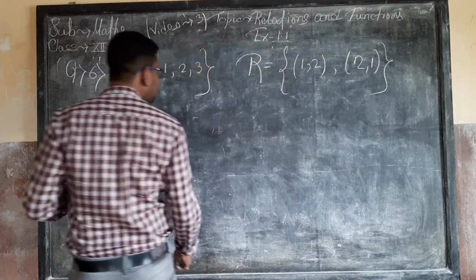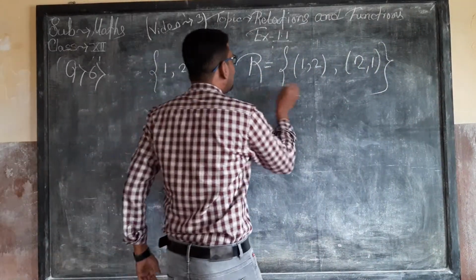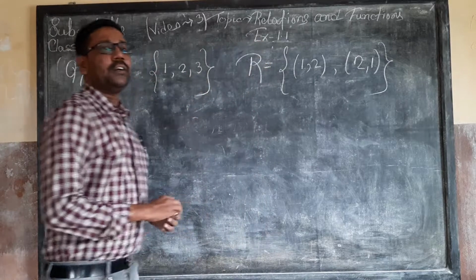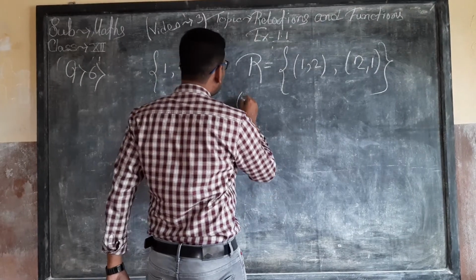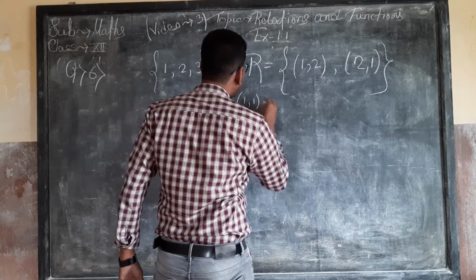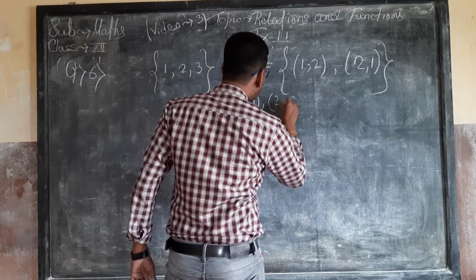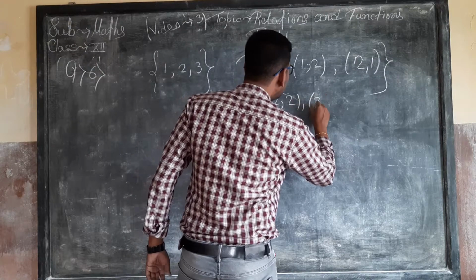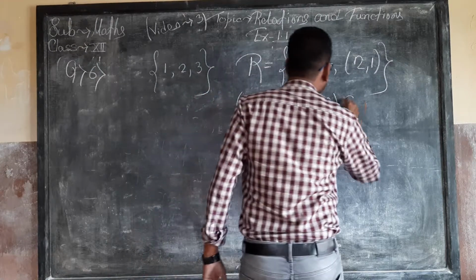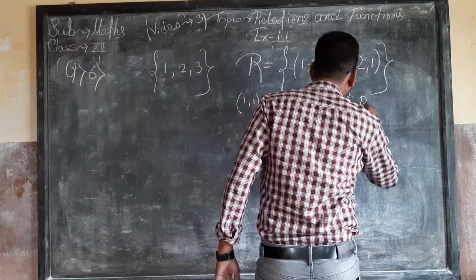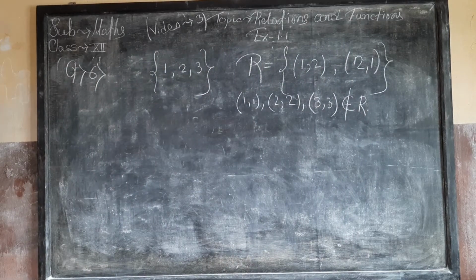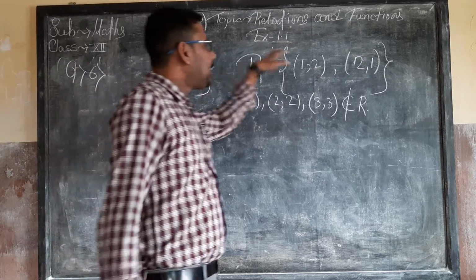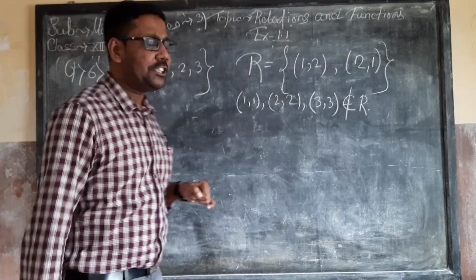So as per the given relation, we can easily conclude that this relation does not contain (1, 1), (2, 2), (3, 3). So these types of ordered pairs are not included as elements of the given relation.